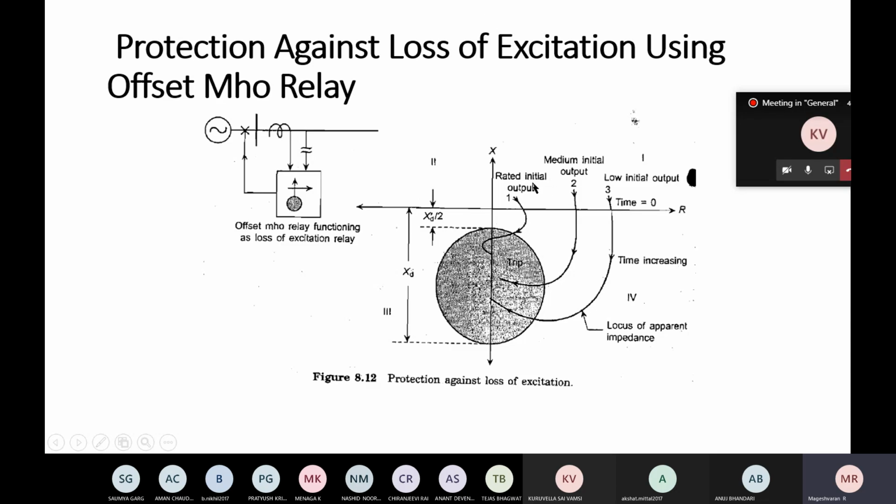During these three different conditions, whatever the reactance was at that time, how it varies and reaches this point is shown here. Only the locus is shown. All are coming to this area, which is the trip region of the mho offset relay.